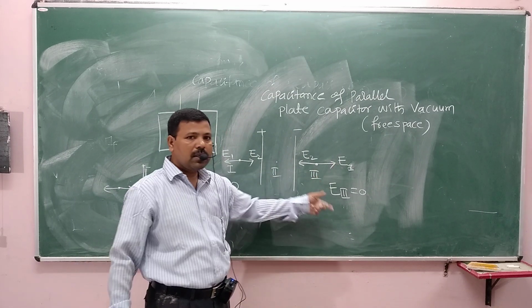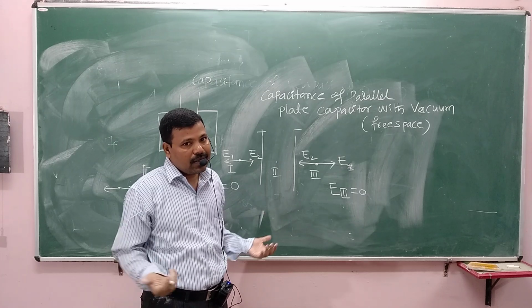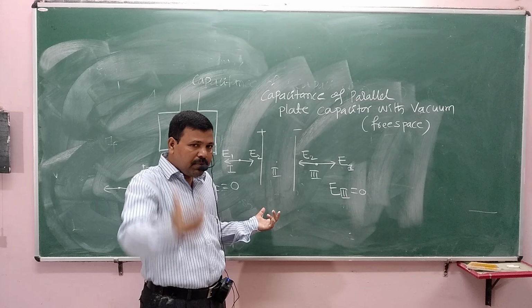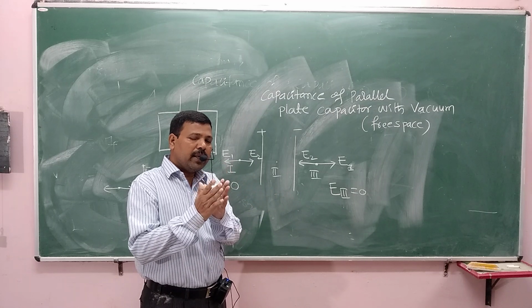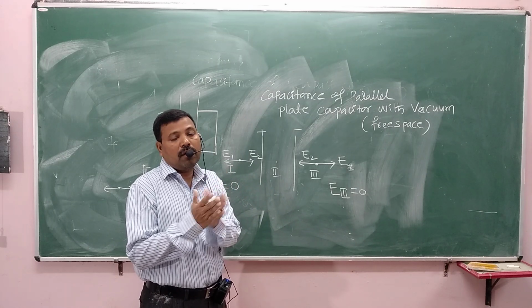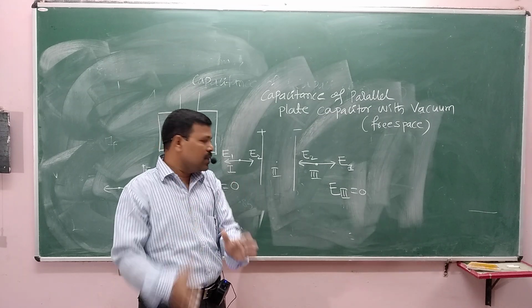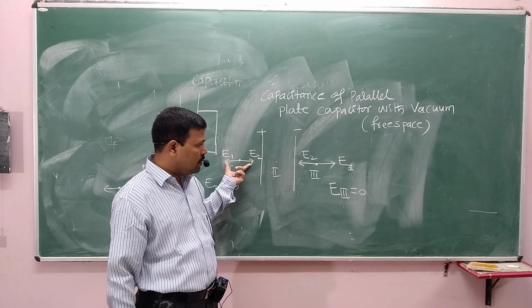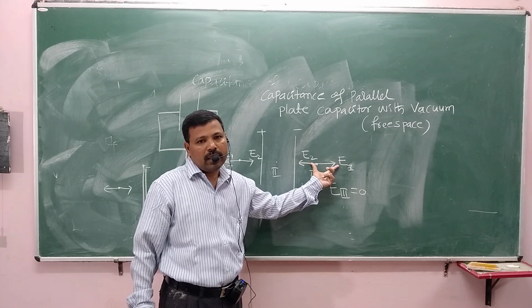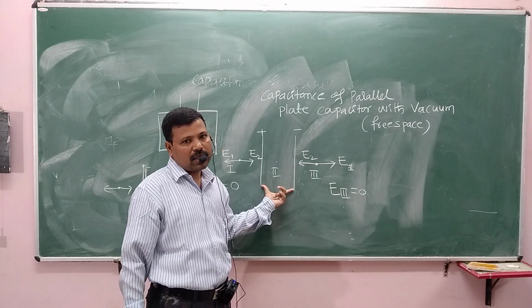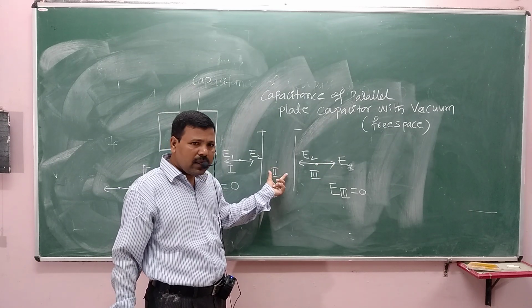E1 minus E2 is 0, because electric fields are equal and opposite. They get cancelled. The assumption is that when the distance between the two plates is very, very small, of the order of millimeter or even less, in the first region and in the third region, the net electric field due to these plates is 0.